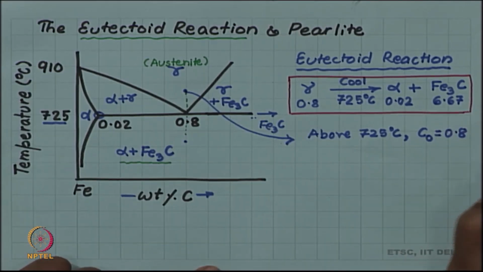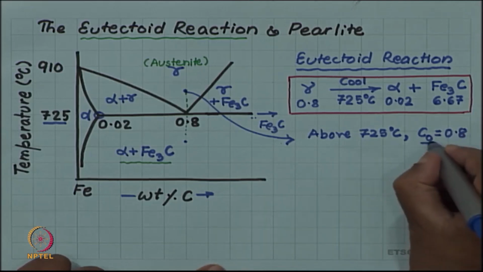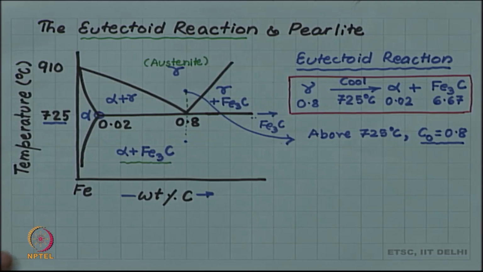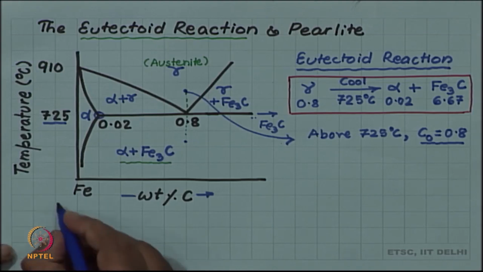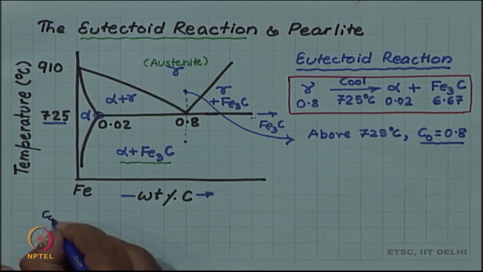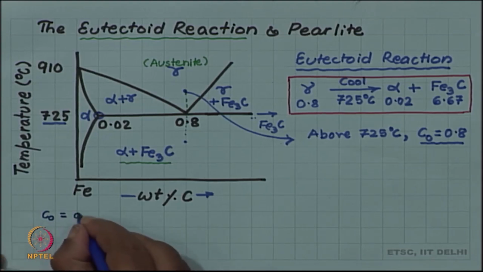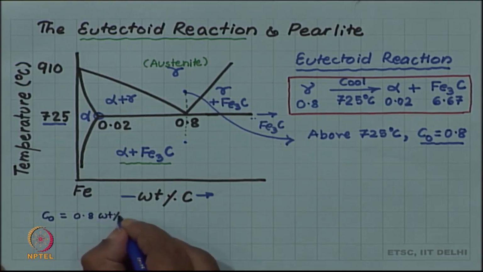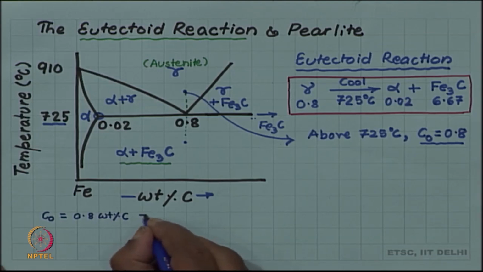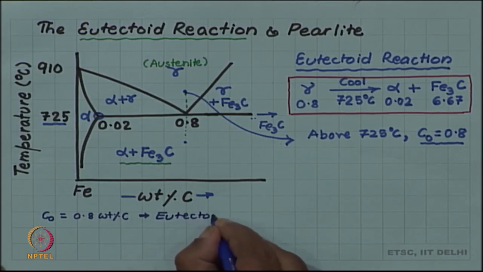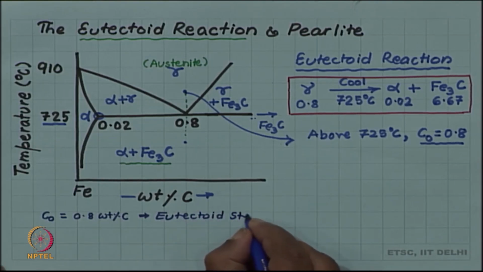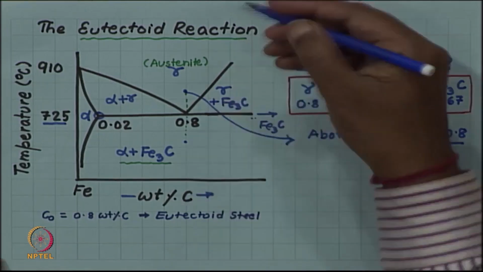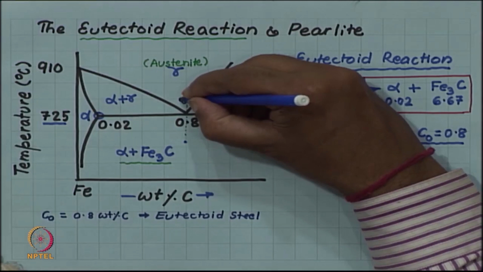Then this is a steel, 0.8% steel is what is called the eutectoid steel. So, let us note down that nomenclature. If the alloy composition C0 is 0.8% carbon, we call this eutectoid steel. So, this vertical line which we are considering is eutectoid steel.